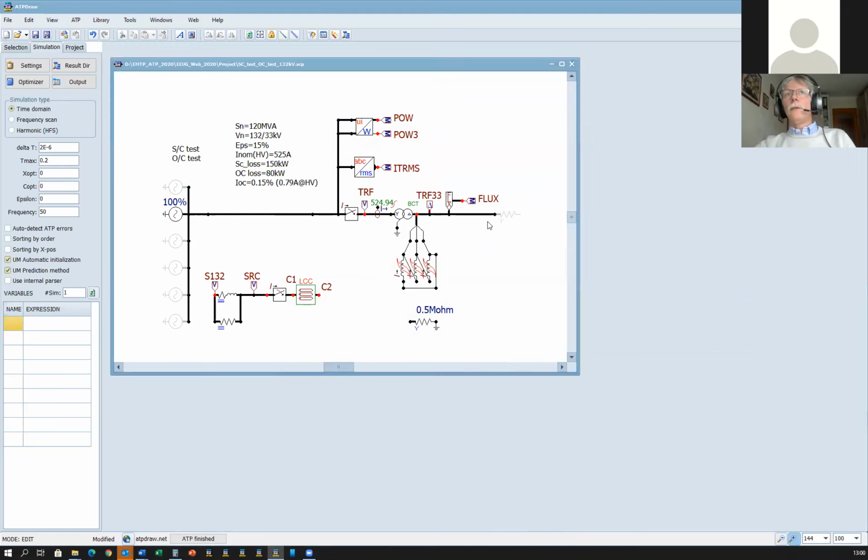First, the no-load test. And you see that even using the nonlinear inductances, we get a very similar value here. It's not exactly the same, of course. It is because this number is coming from an FFT analysis.